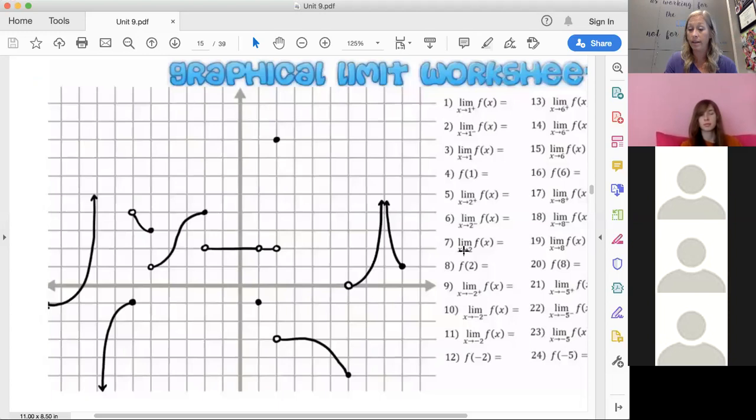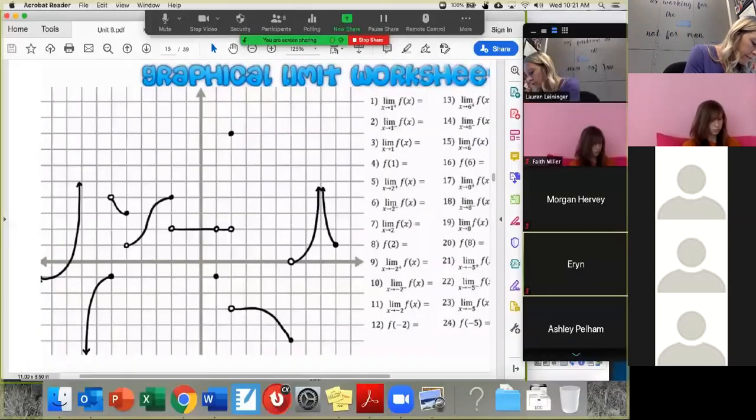All right, so let's try that again with x equals 2. Now we're going to look at questions 5 through 8. What's going to be my limit as x approaches 2 from the right? -3.